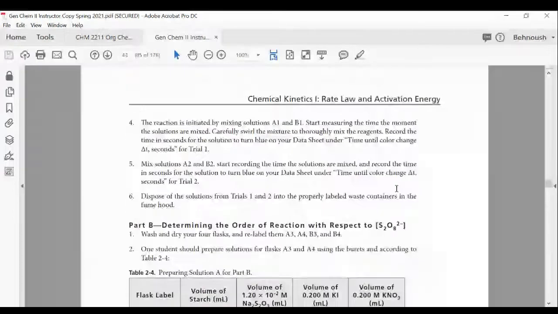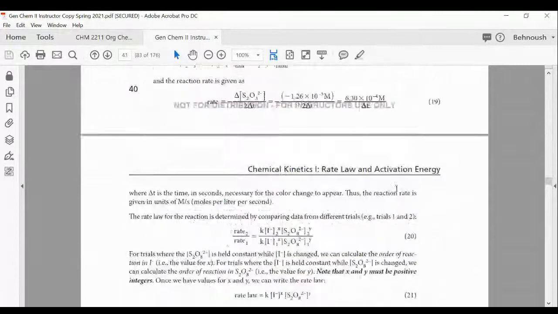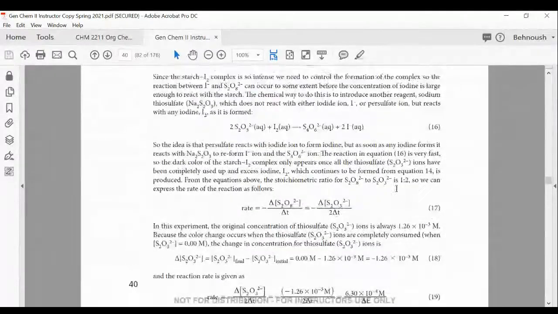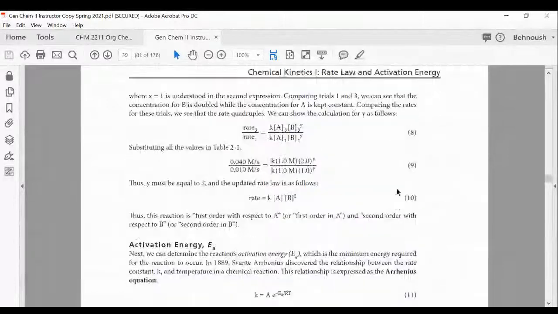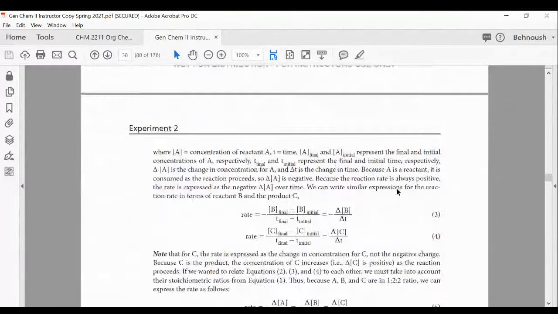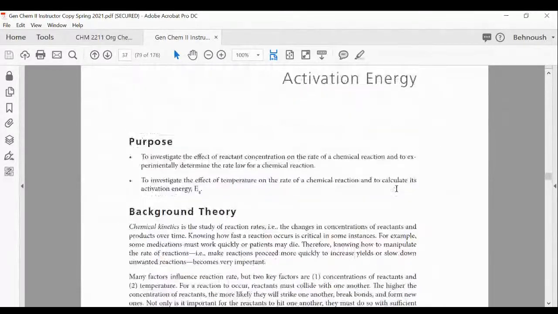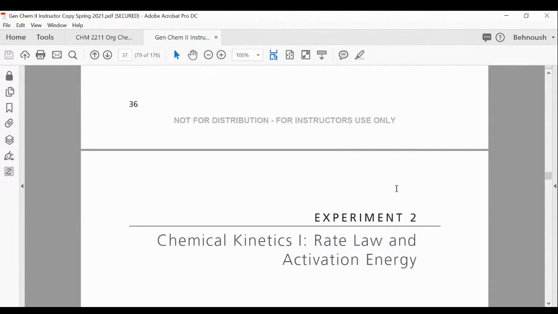Can you tell me how you find the rate for each trial? When you do the experiment, how do you find the rate for each trial?